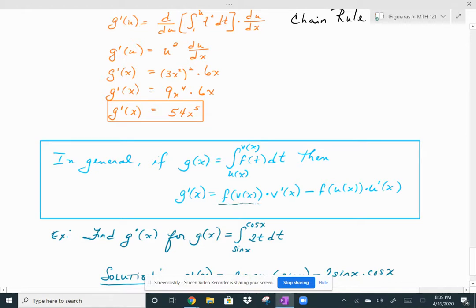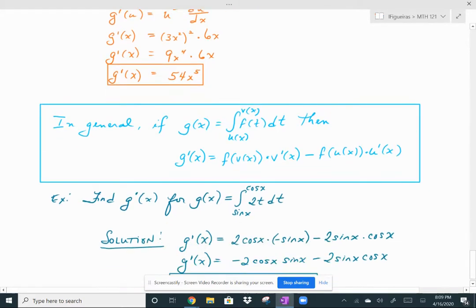In other words, plug in the upper limit times the derivative of the upper limit, minus plug in the lower limit times the derivative of the lower limit. This looks kind of like part 2 that we did earlier, where you're plugging in the upper limit and lower limit.